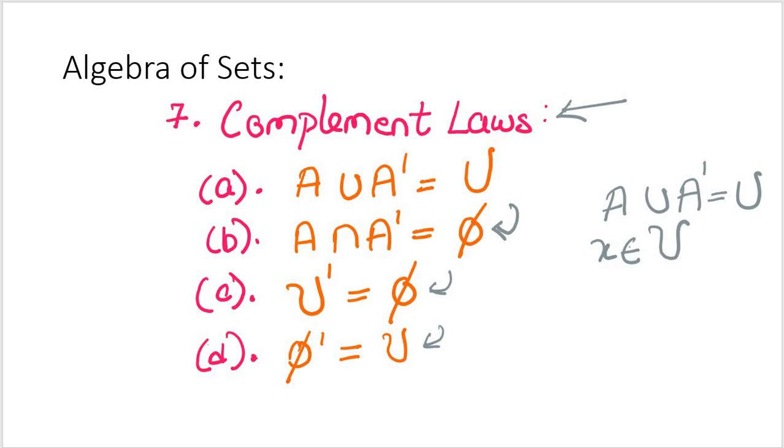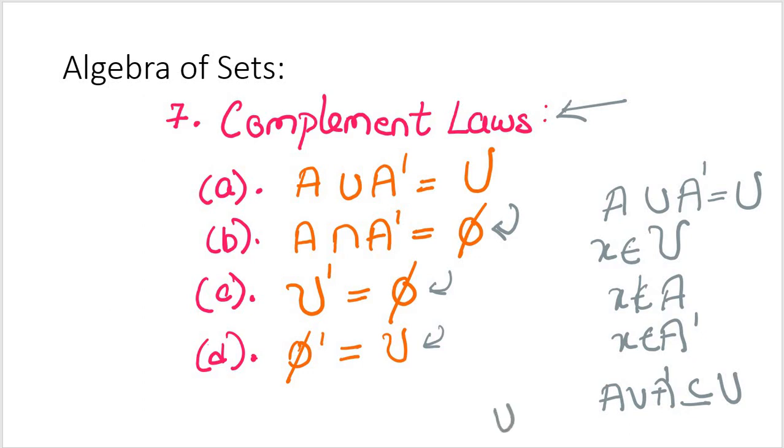And if this X is not in A, so X will not exist in A, but then X will be a part of A prime, right? That means A union A prime will be a subset of the universe of discourse, and this universe of discourse will be a subset of this A union A prime.